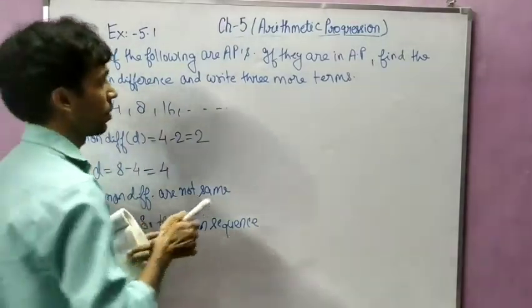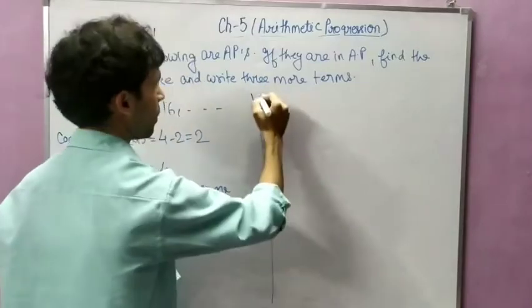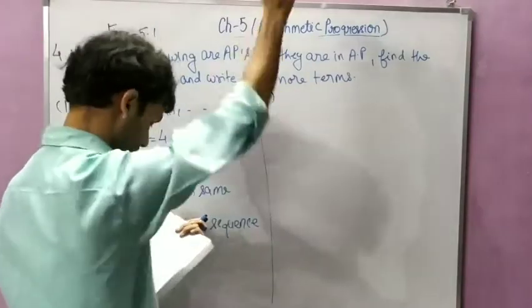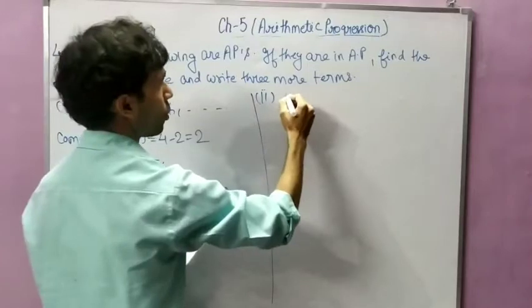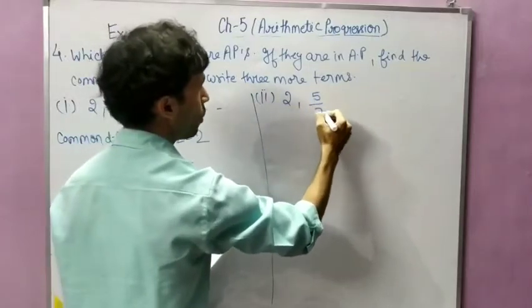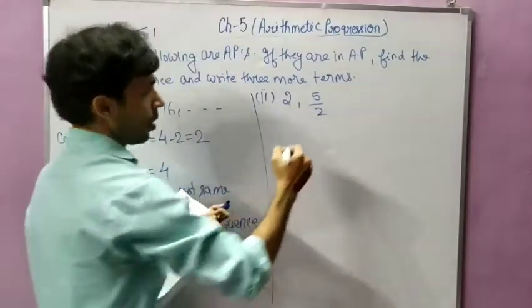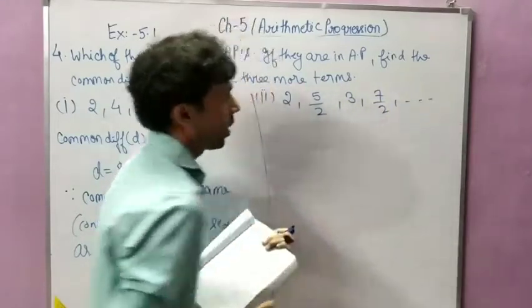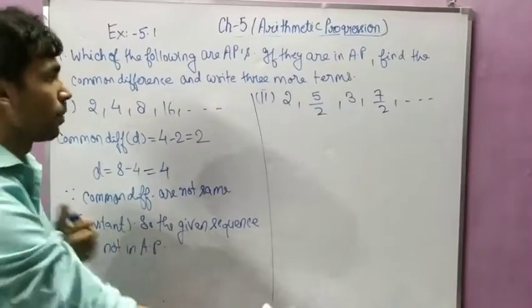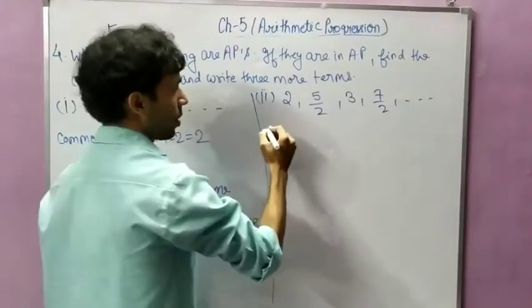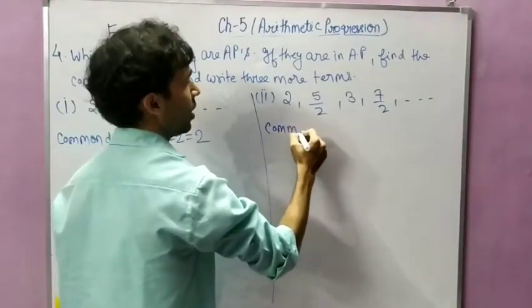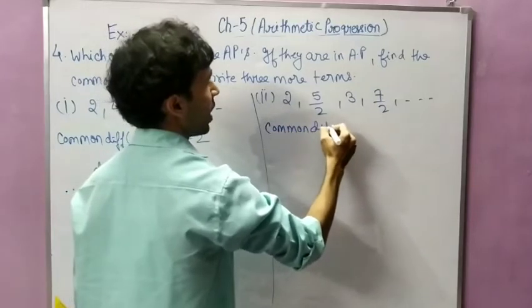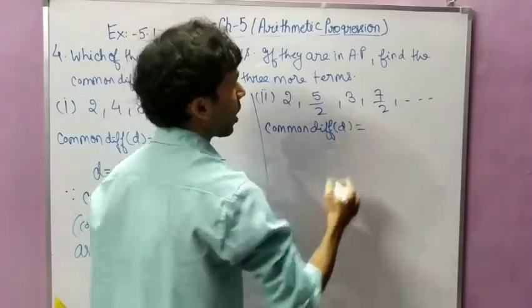Now the second part. The second part is 2, 5 by 2, 3, 7 by 2, and so on. Now we can calculate the common difference, because we have to check whether it is in AP or not.